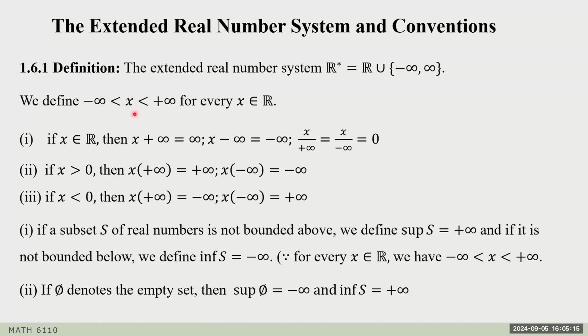But it also has to be compatible with the arithmetic in the real numbers, because the real numbers are a field, right? So how does it play with the arithmetic?